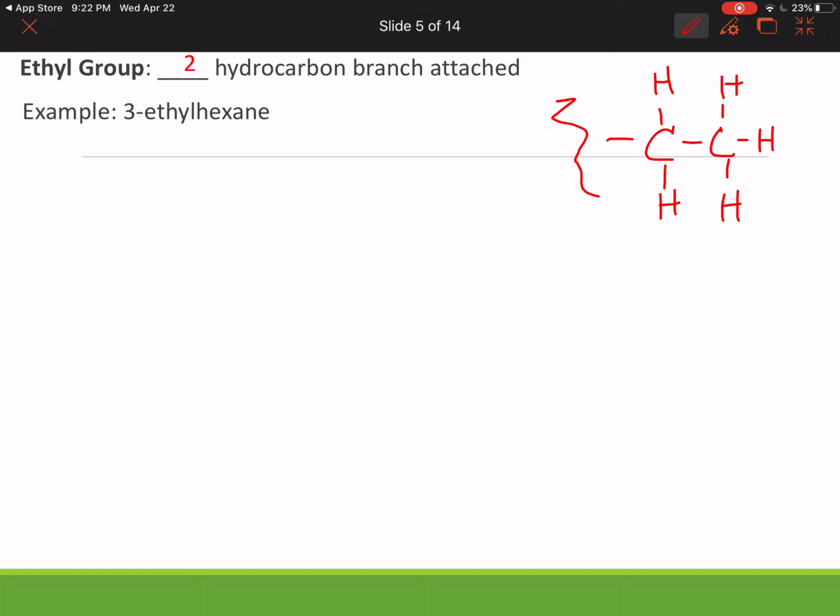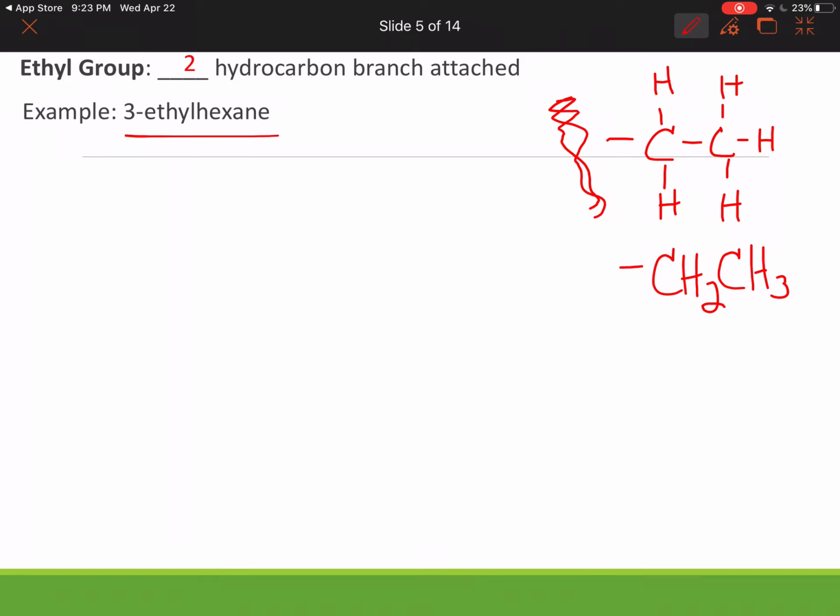This gets attached to another whole main chain. How do we collapse this? Well, just to make things easier, CH2, CH3. And so this is called an ethyl group. There's a propyl, there's a butyl. You might have heard isopropyl alcohol. That's where that's all coming from. So we're going to learn where those things are from.